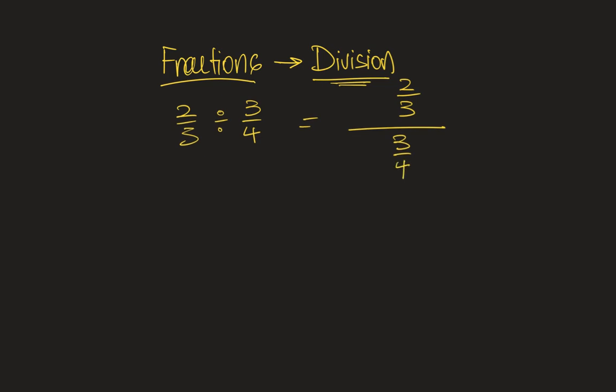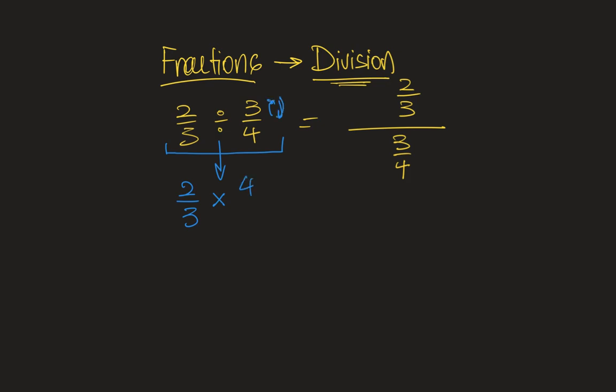And what we actually do when we divide fractions, we just do the following. On the left hand side, I'm going to do what we do when we switch the division to multiplication. So we keep the first fraction the same, then we change the divide into multiply, and then we reverse the second fraction, right?